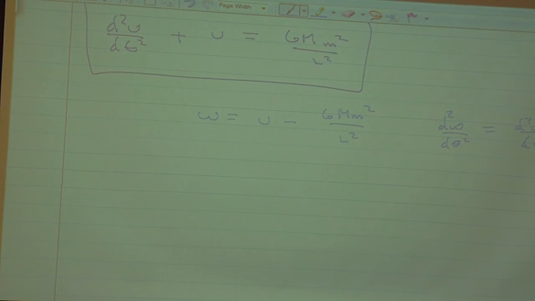And I can move all that stuff over there, and the second derivative of W with respect to θ squared plus W is equal to 0. So it really does look like a simple harmonic oscillator. And so W of θ is some amplitude cosine of θ plus δ, which is the solution to the differential equation.